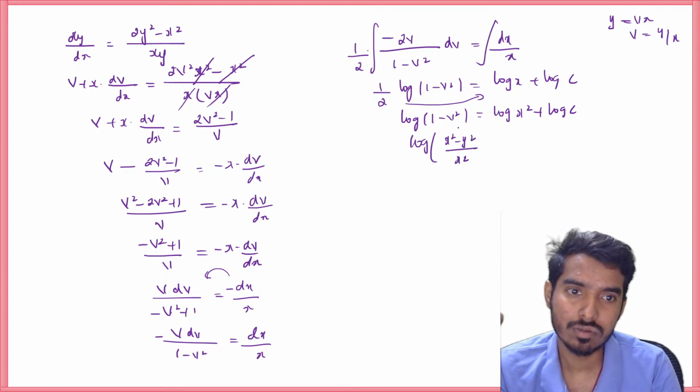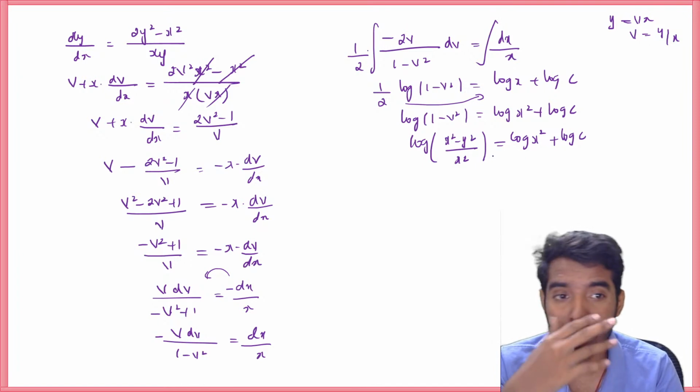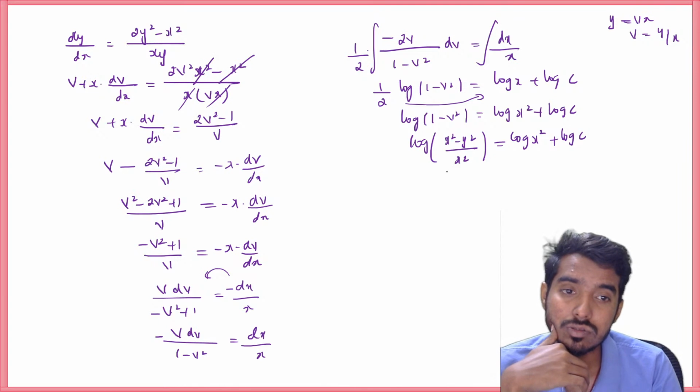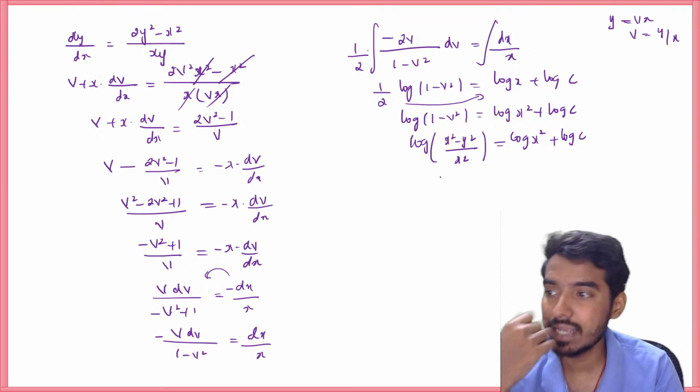Y square by x square. Here we will have log of x square plus log c. So log a minus log b will be log a by b. Log a by b by x square means log a minus log b x square. X square will get cancelled.